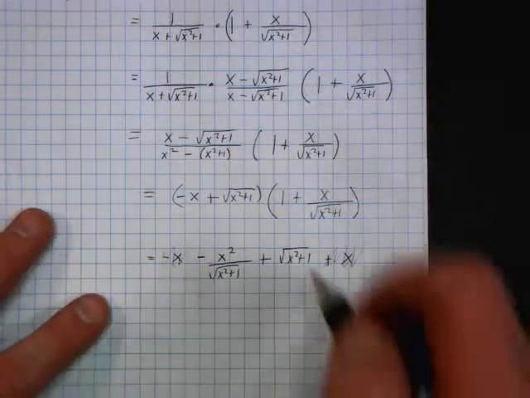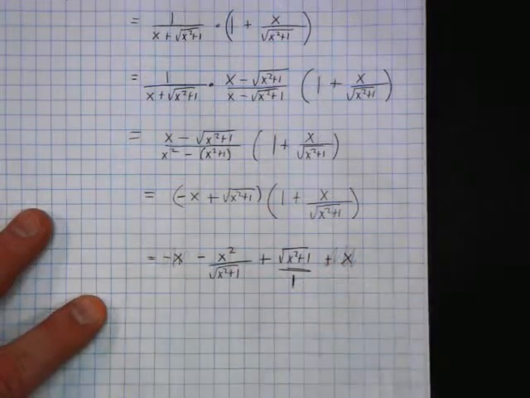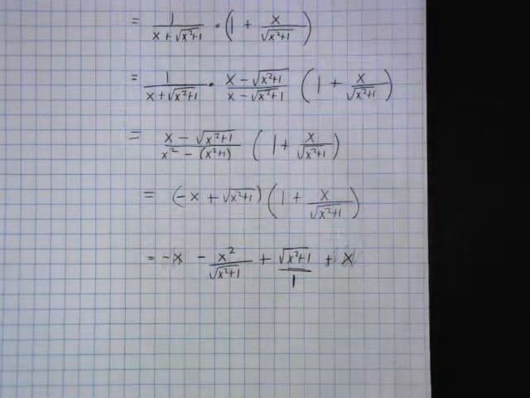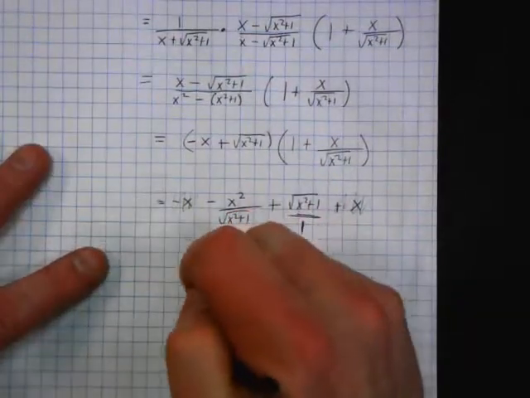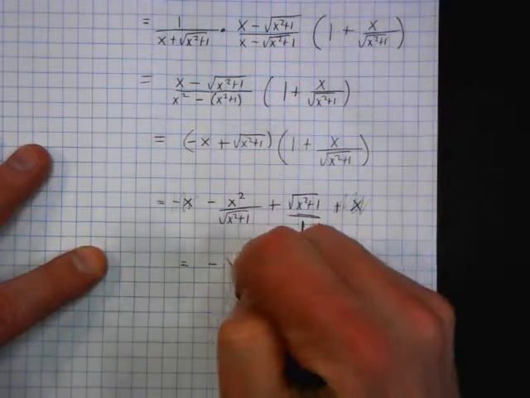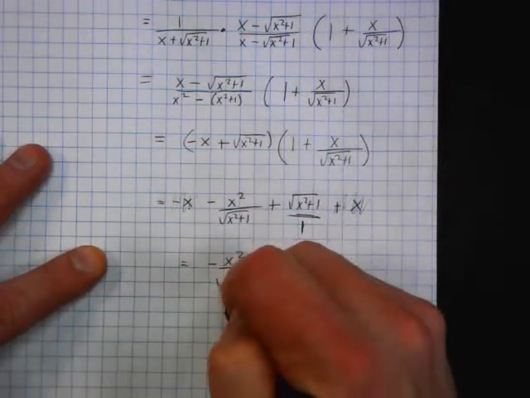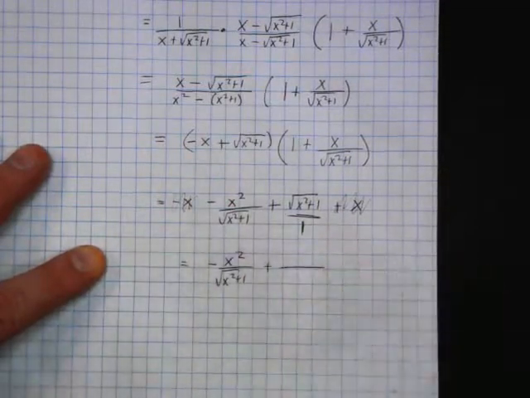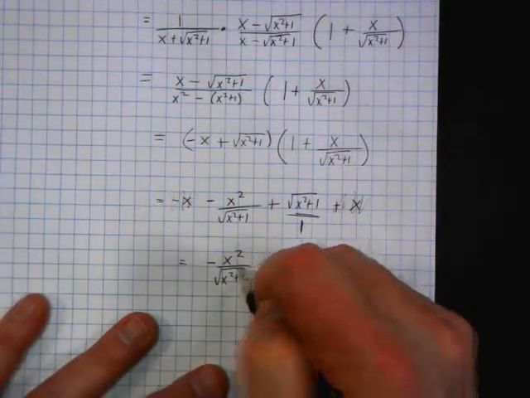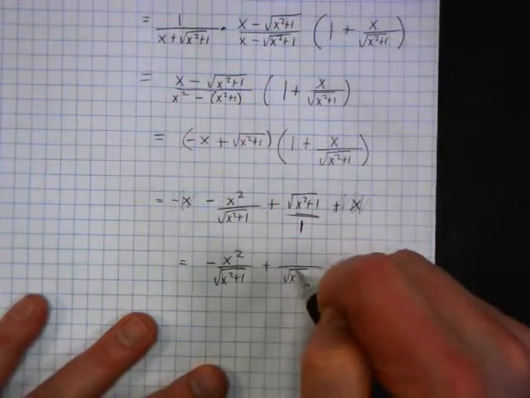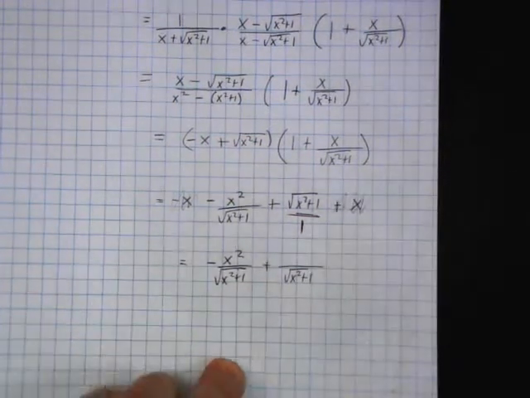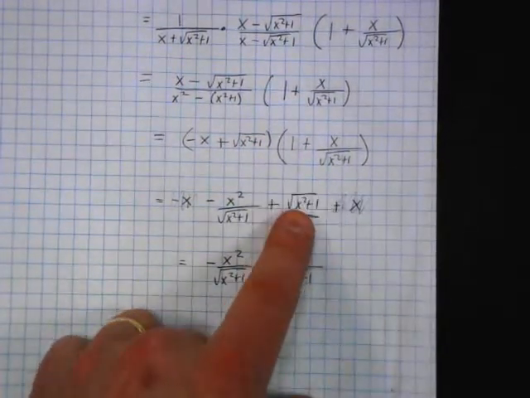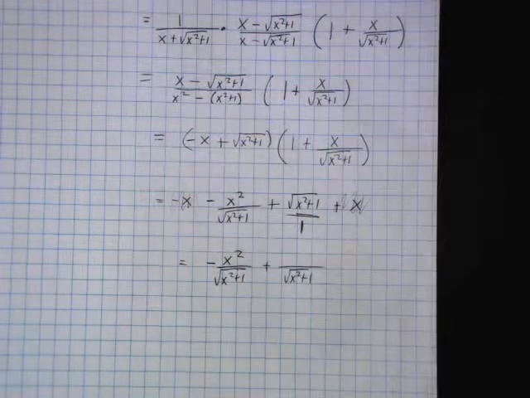All right, so last step. Let's now get that common denominator that people talked about before and add those together. That's negative x squared over square root of x squared plus 1 plus, I've got to multiply top and bottom by square root of x squared plus 1. What happens when I multiply the top by square root of x squared plus 1?